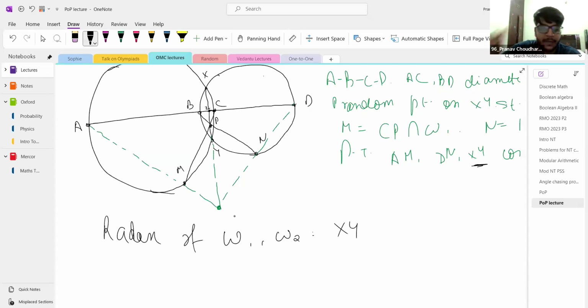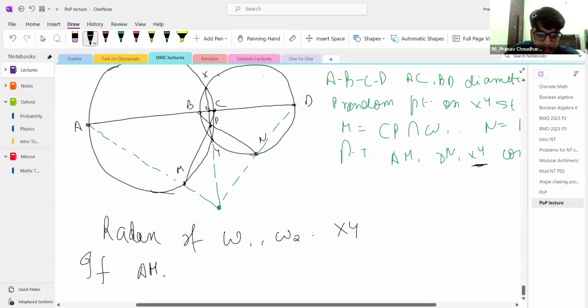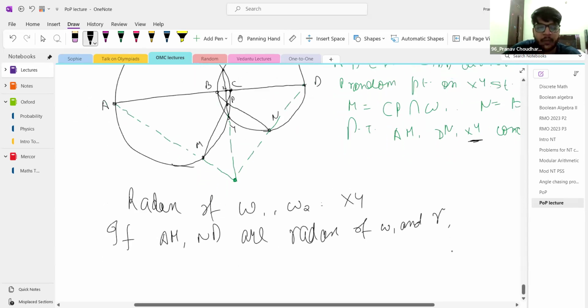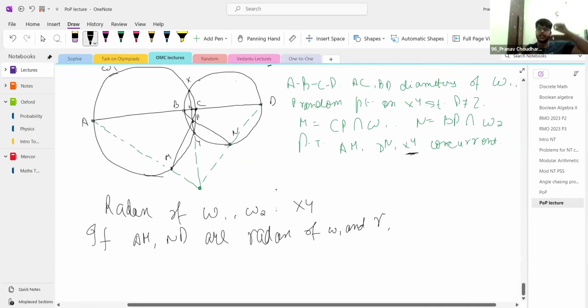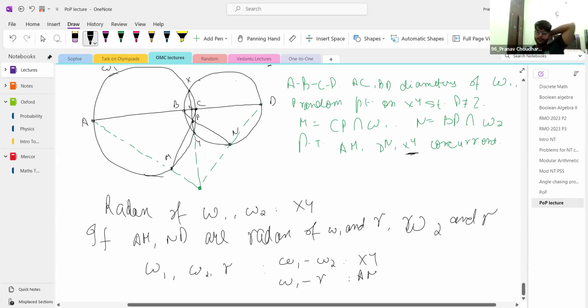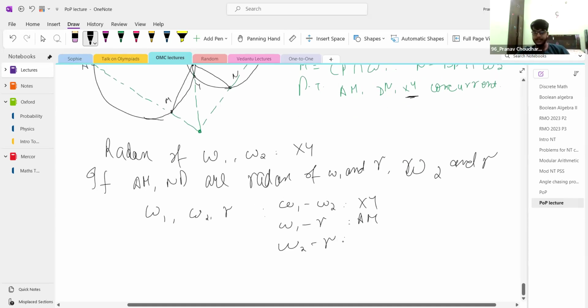Now, if AM and ND are radical axes of omega 1 and some circle called gamma, see omega 1 obviously passes through A and M. So if we can find some circle gamma such that its radical axis with omega 1 is AM and its radical axis with omega 2 is ND, then considering the circles omega 1, omega 2, gamma, the radical axis of omega 1 and omega 2 is XY, of omega 1 and gamma is AM, and of omega 2 and gamma is ND.